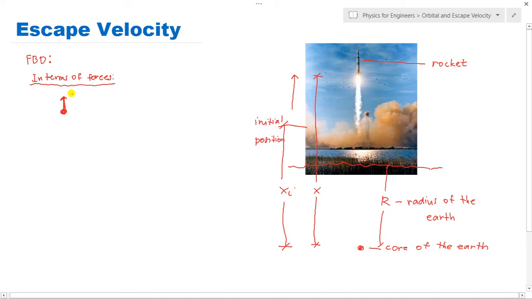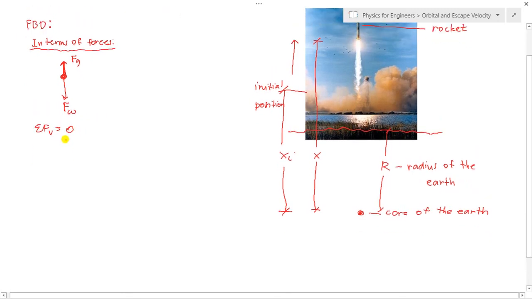Of course, we have the gravitational force nga nag-interact nilang duha. We denote this one as Fg. And then of course, naa pod force due to the acceleration due to gravity or the weight, and then let's just denote this one as Fw. So summation of forces on the vertical must be equal to 0 para in a dynamic equilibrium ni siya, since nag-move man ni siya.